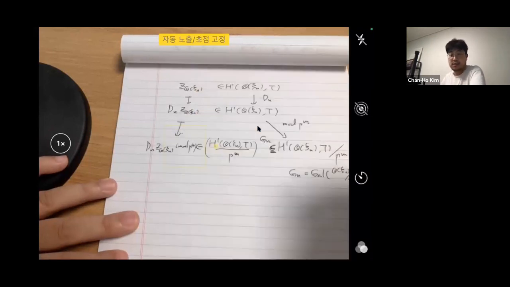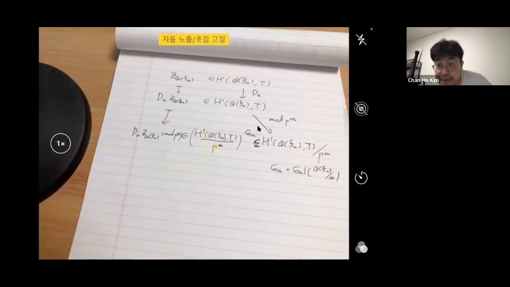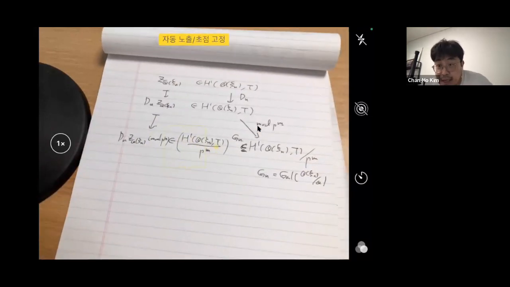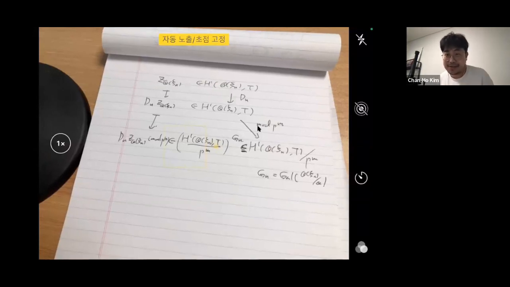Oh, sorry, an L-function generally satisfies a functional equation. Yeah, that's a very good question indeed. One funny thing is that Kato's Kolyvagin system controls P-strict Selmer groups, which has no functional equation at all.